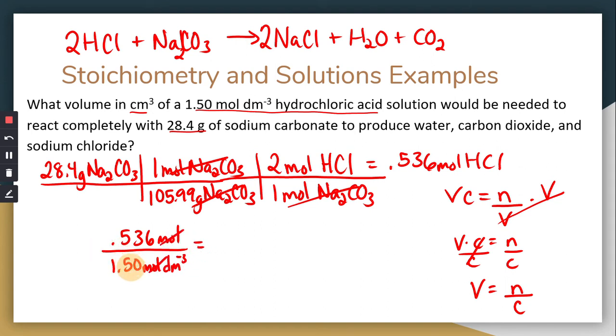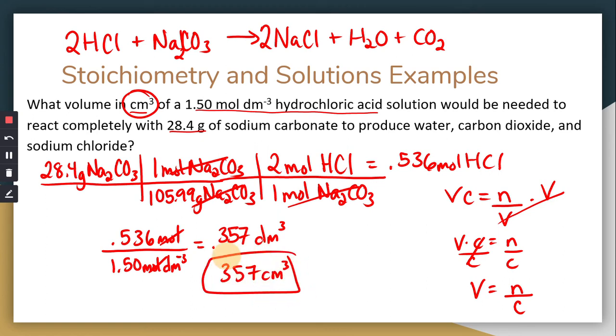So moles would cancel. So we would have 0.357 decimeters cubed. The question though wants it in centimeters cubed, so we're going to convert. Decimeter to centimeter is one place to the right, so we're going to do that 3 times because it is being cubed. So we would have 375 centimeters cubed as our final answer.